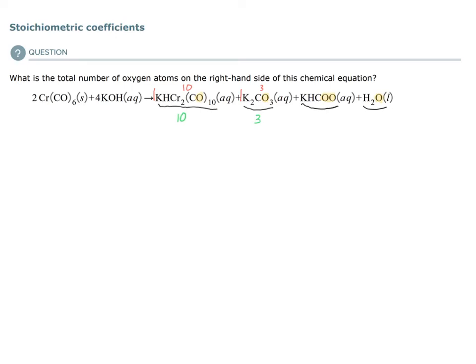Let's go over here. We have oxygen present in multiple places in this substance, but that's okay. We just add them together and then multiply by the stoichiometric coefficient again. Here's 1 oxygen atom plus another oxygen atom would be a total of 2. So 2 times 1 again gives me a total number of oxygen atoms for that substance in this reaction, 2.